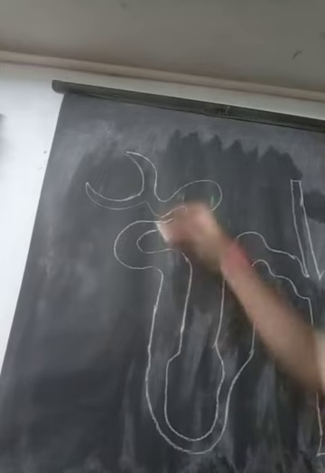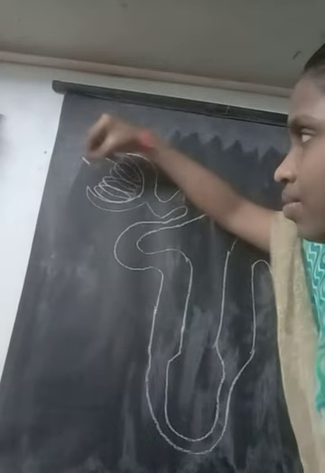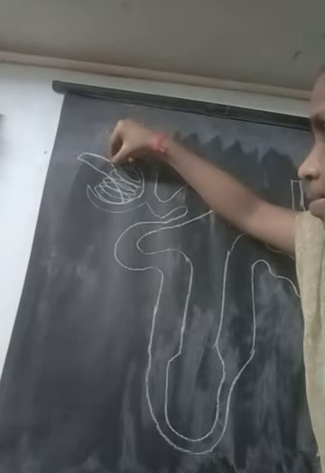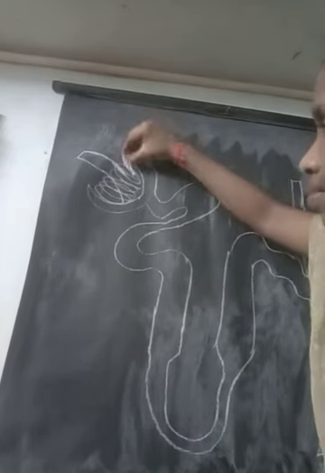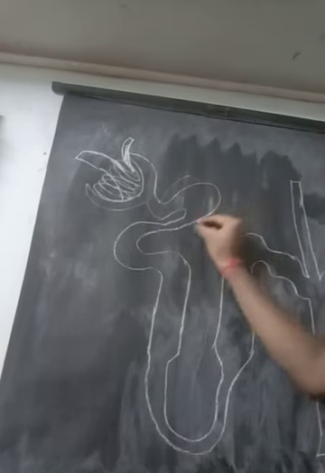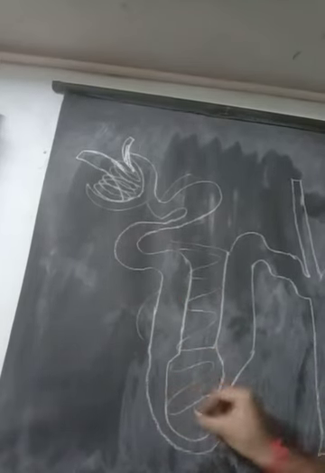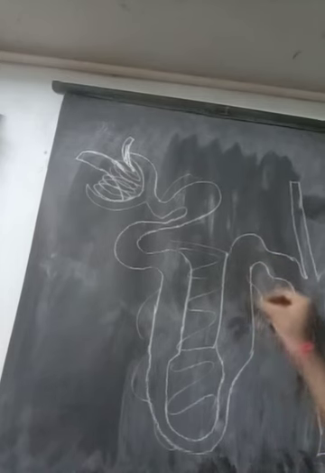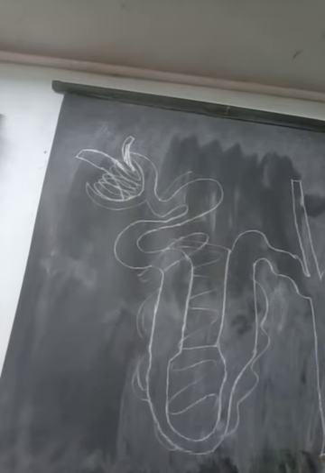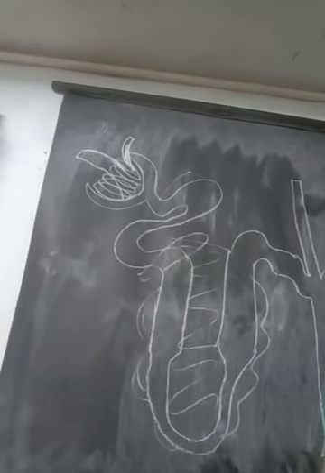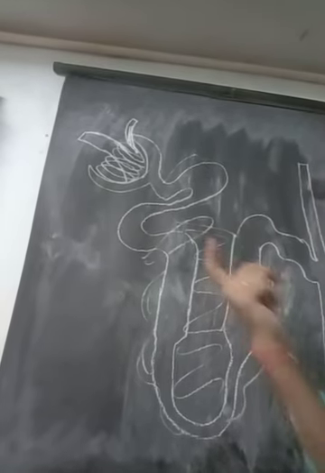You can draw this diagram very easily. Yes, this is the nephron, the basic structural unit of the kidney.